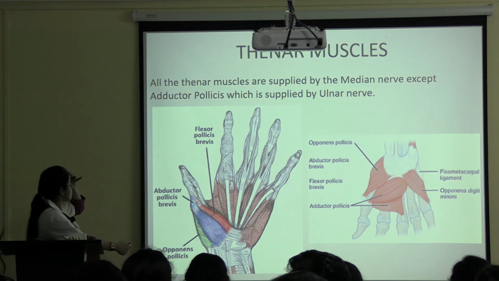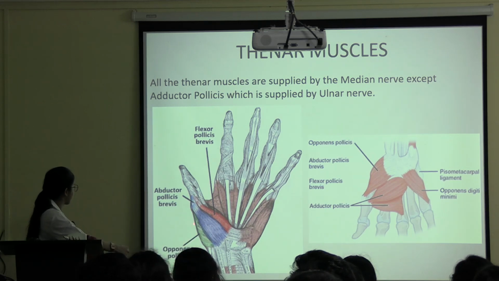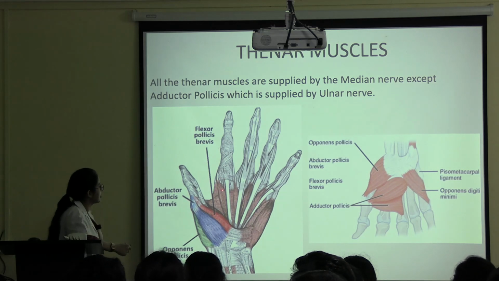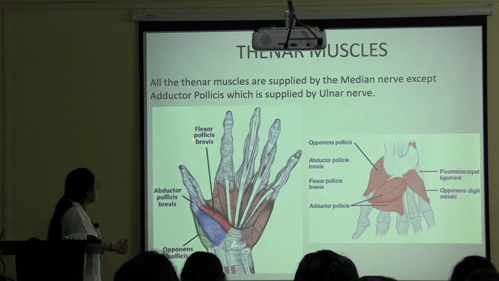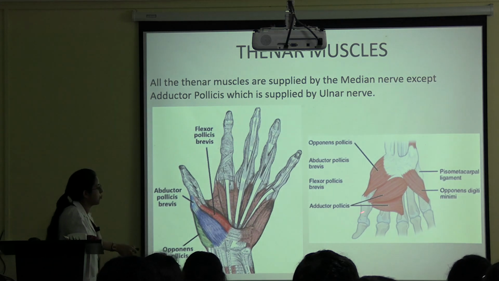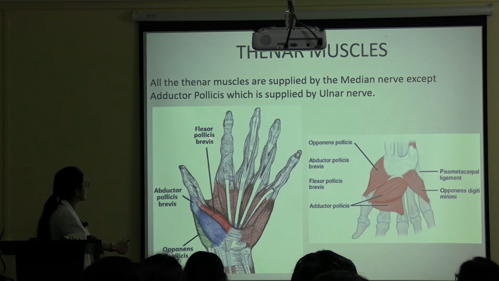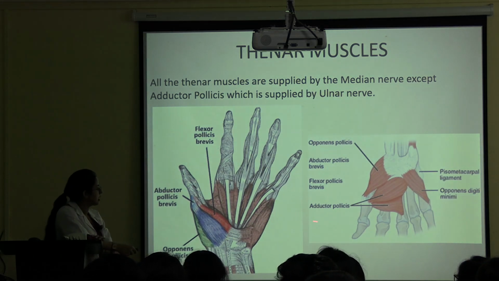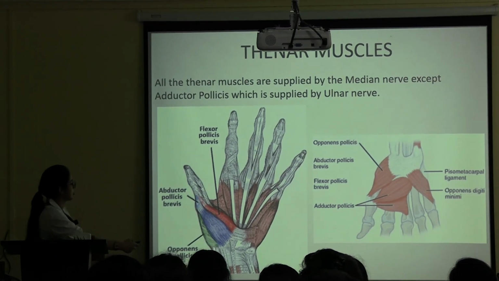Now, the thenar muscles. What are the thenar muscles? Opponens pollicis, abductor pollicis brevis, flexor pollicis brevis, and adductor pollicis. Flexor pollicis brevis and adductor pollicis have two heads. Flexor pollicis brevis has a superficial head and a deep head, and adductor pollicis has an oblique head and a transverse head.